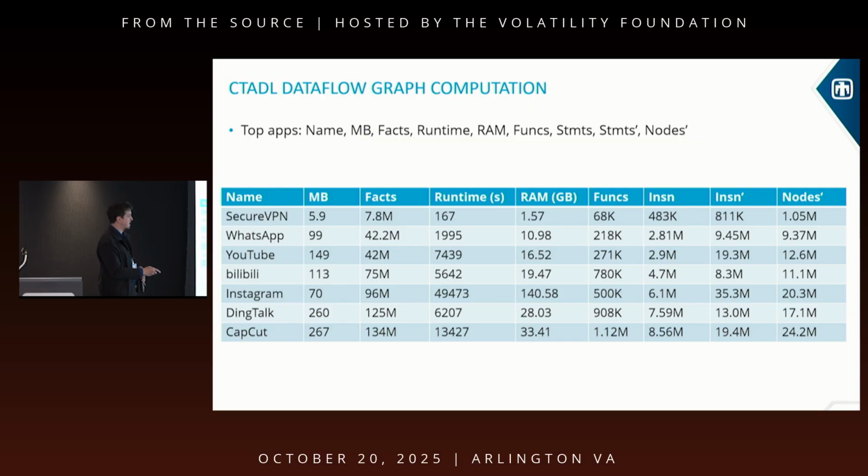This is how many functions are found to analyze, how many raw instructions, and then once we run the analysis, it produces more instructions and more nodes, so this is the counts for those. I think overall the point of this is that we can analyze real code that you can just download without modification as long as you have enough RAM.